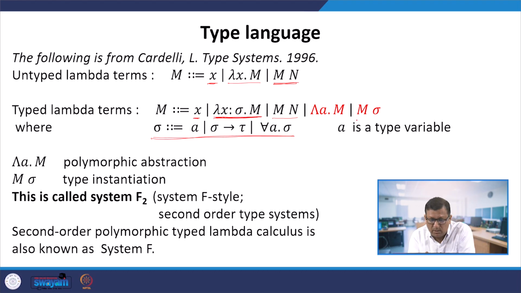Now the important things here are these two things. This is called polymorphic abstraction. Big lambda A dot M is called polymorphic abstraction. We have now type parameters, the thing that we had discussed informally. A is a type parameter. Now this is an abstraction, but this is a type polymorphic abstraction.